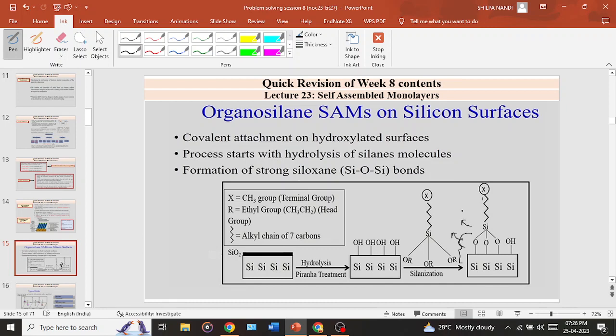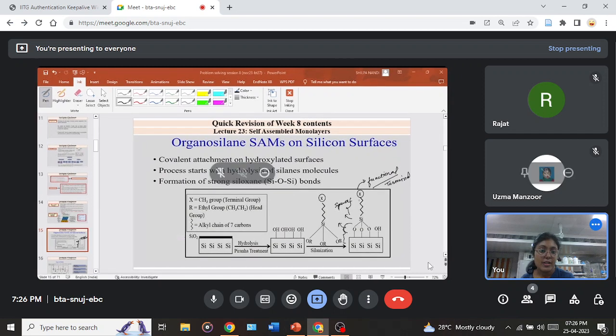This is the silane group, and this is your spacer, and this X is basically your functional group. The functional group is what is present at the terminal end. This is what we studied in the last slide, which showed how SAMs are formed.